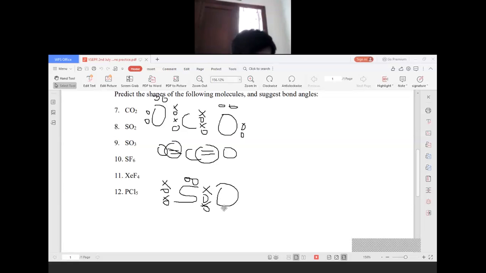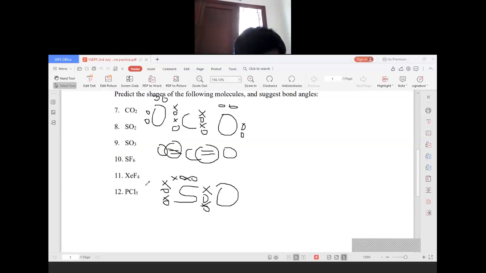And then SO3. Here the electrons of the sulfur are occupied with oxygen.